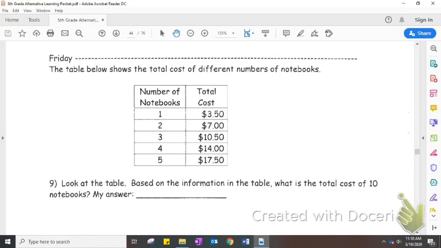Okay, so it says, look at the table. Based on the information, what is the total cost of 10 notebooks? It gives you the cost of 5. So we need to figure out the pattern between this column, number of notebooks, and this column, total cost. So let's see the relationship between this column and this column.